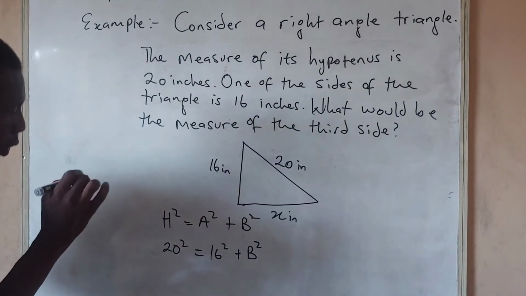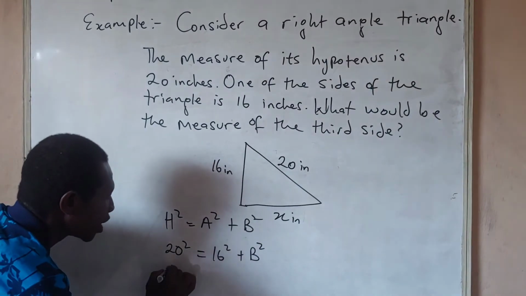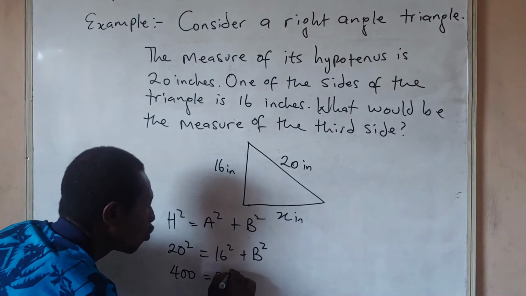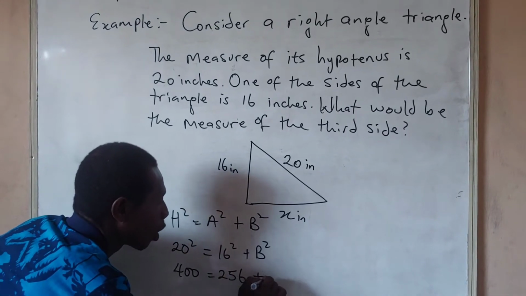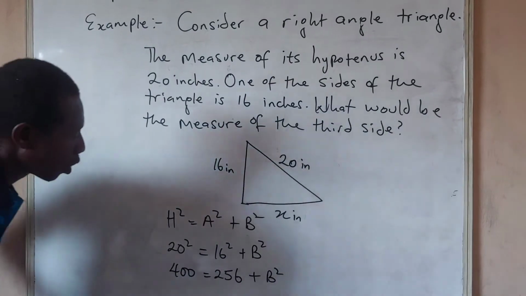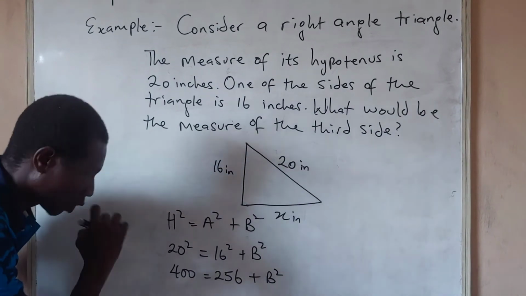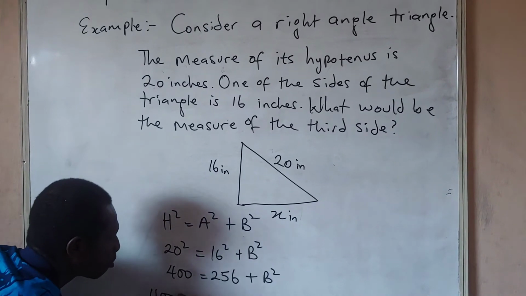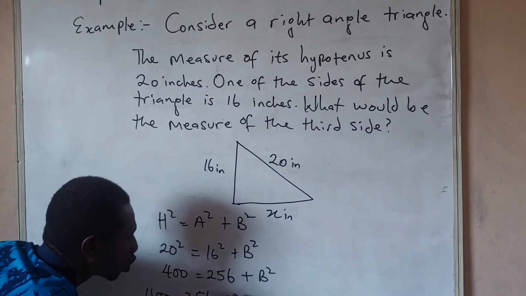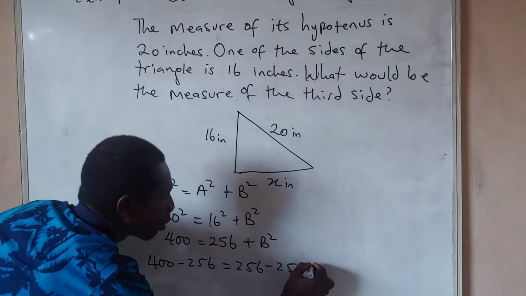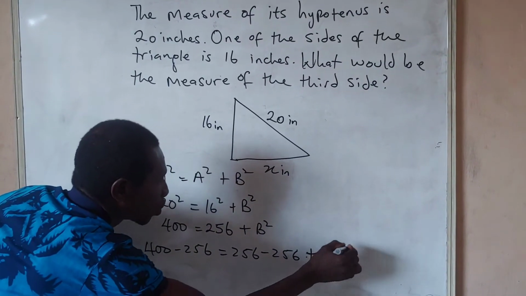Okay, so 20 square is 400, 16 square is 256 plus my unknown. So what do I do? I'll subtract 256 from both sides.